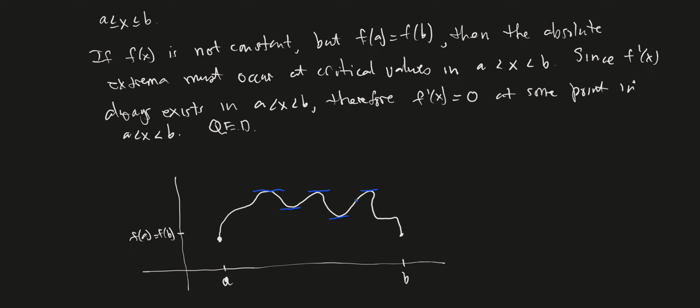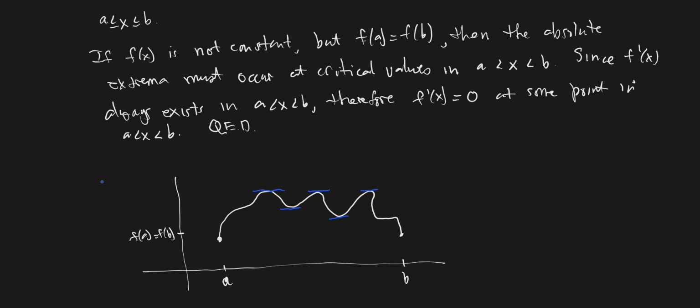It's saying under these conditions, you are guaranteed. It's not an if and only if statement. It's just saying if we have continuity, if we have differentiability, if the function values at the endpoints are equal, then somewhere inside the interval, the tangent line will have to be horizontal.